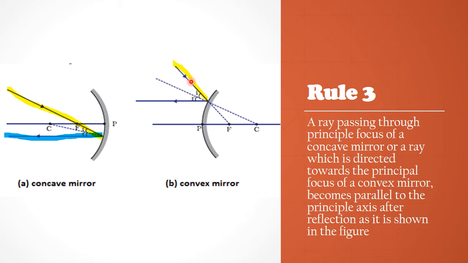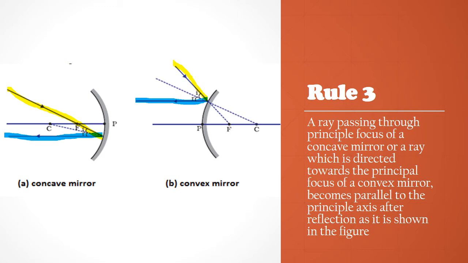As soon as it strikes this reflecting surface, this light will be reflected back. So the light which is directed towards the focus of the convex mirror, after reflection, passes parallel to your principal axis.